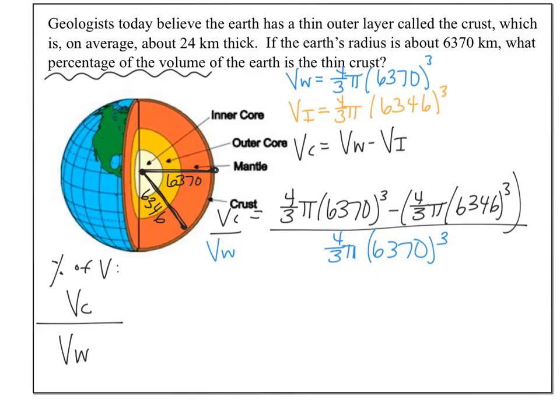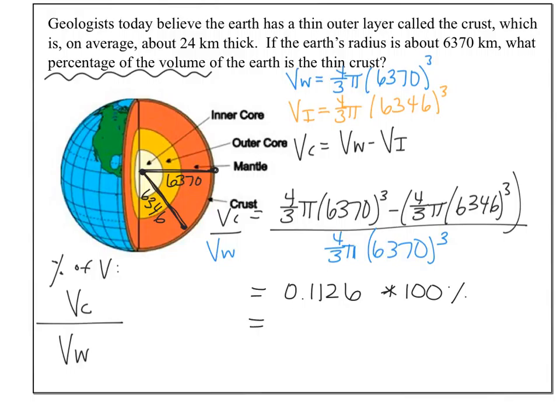Okay? So ultimately what you're going to see is that this is going to give you a decimal. It's going to give you something like 0.1126. Now we know that that's not a percentage. So to go from a fraction or a decimal to a percentage, we multiply by 100%. And that's going to give us the percent.